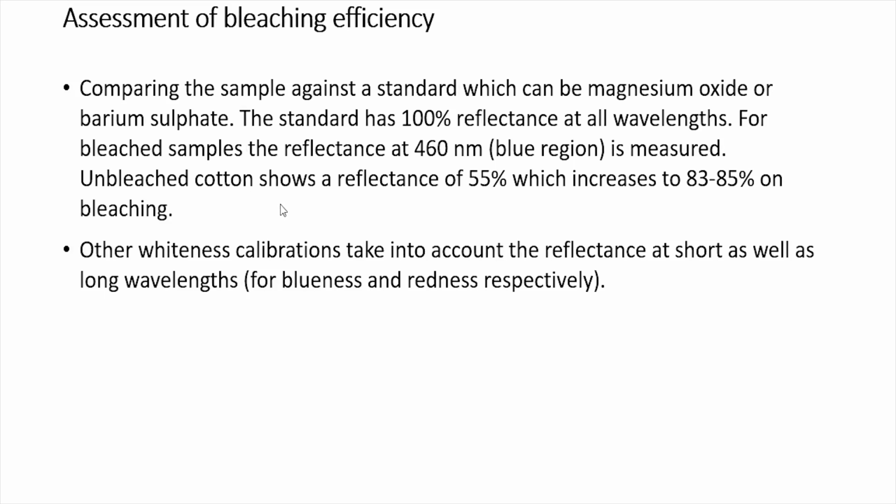So that is how we measure the whiteness index of the bleached sample. The unbleached cotton shows a reflectance of 55%, which is increased to 83 to 85% on bleaching. So the bleaching will improve the whiteness from 55 to 83 to 85%.